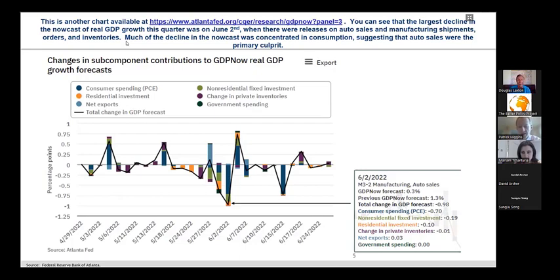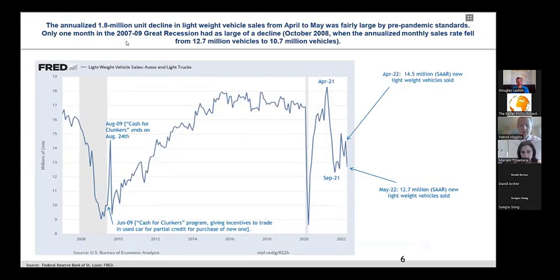You can see on that day, the nowcast for nonresidential fixed investment, which includes some auto sales, and for consumer spending went down. And so here's the actual data that went into that. These are unit auto sales for the US, annualized rates for monthly sales.